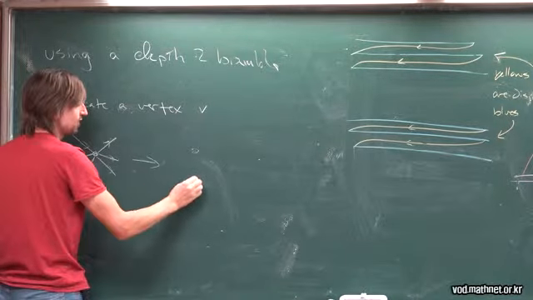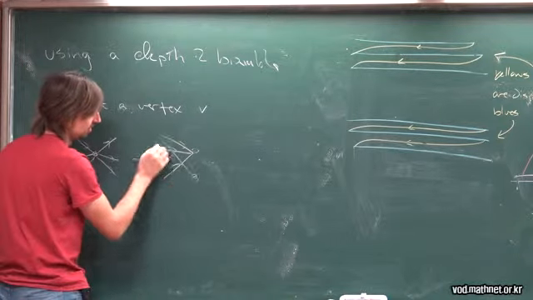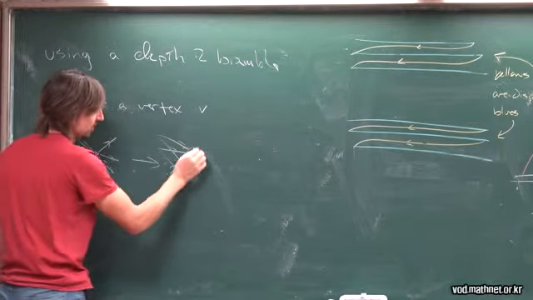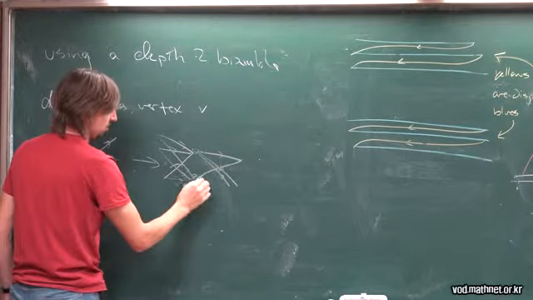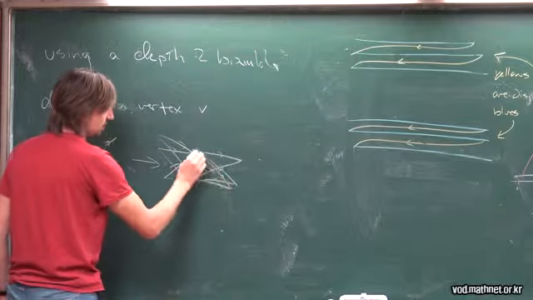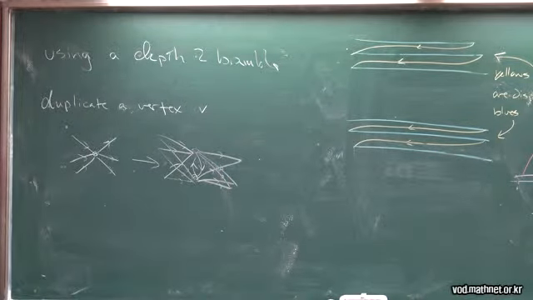So I take 2 copies of the vertex with all the edges coming in and all the edges going out. And I connect them by an edge in each direction. Right? So I really am just taking, doubling each vertex.